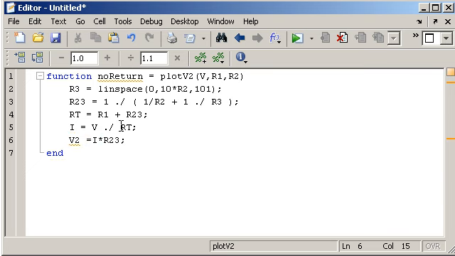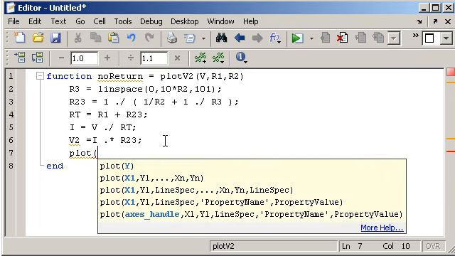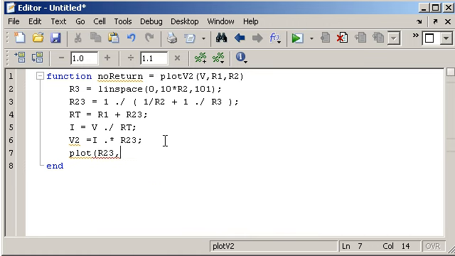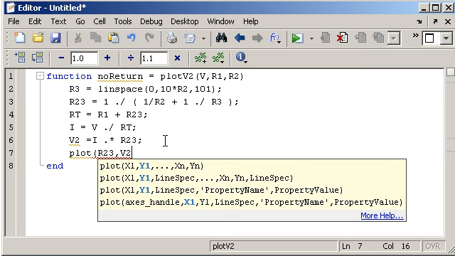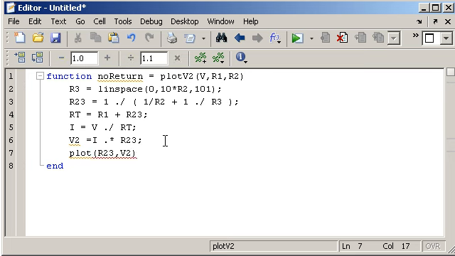Now I is an array of 100 values, R23 is an array of 100 values, so we're trying to multiply two arrays, and I need the dot star to tell it to do it on an element by element basis. And then plot, you go x comma y, so R23 comma V2 to get a graph of V2 versus R23. Alright.